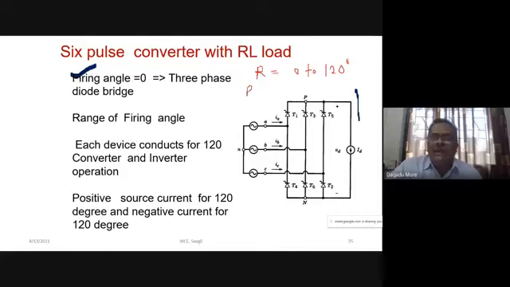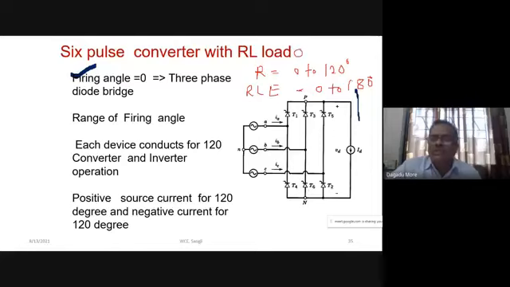For RL and RLE, or 2-quadrant operation, our range is 0 to 180 degrees.